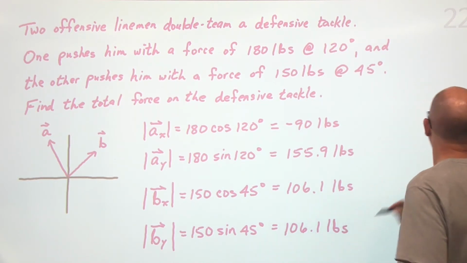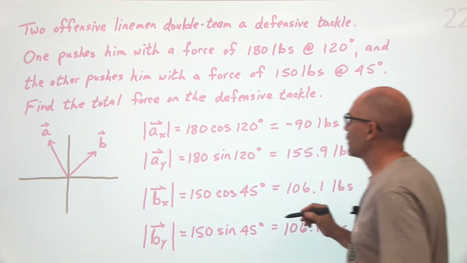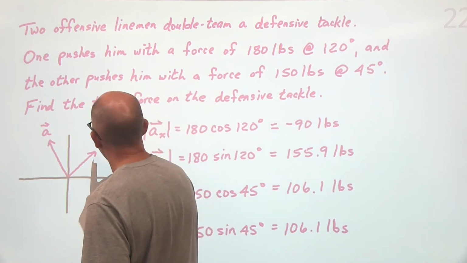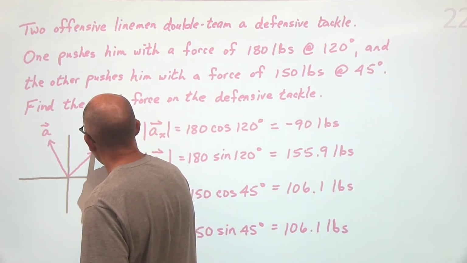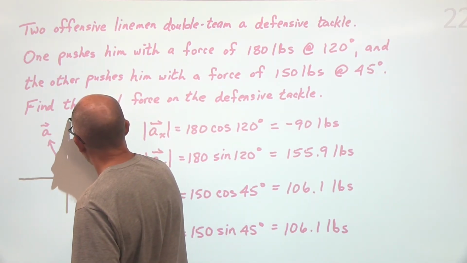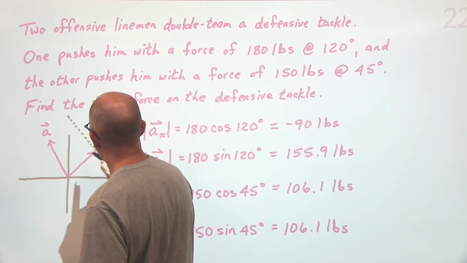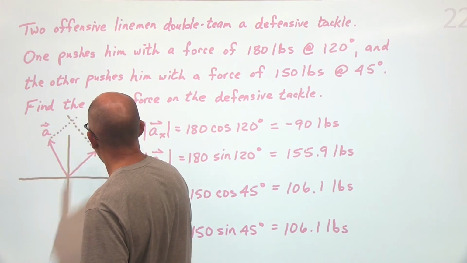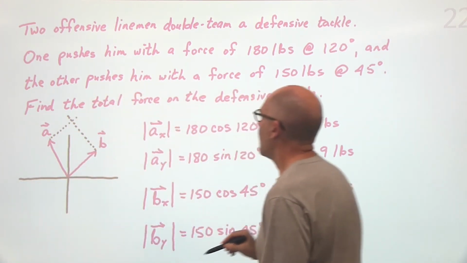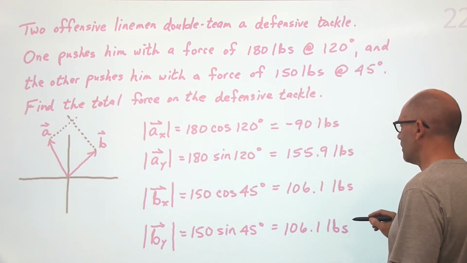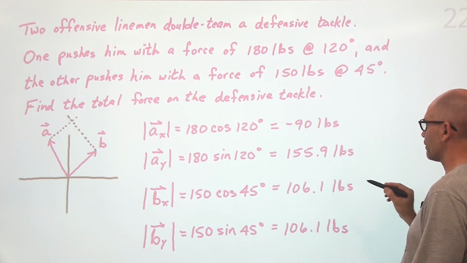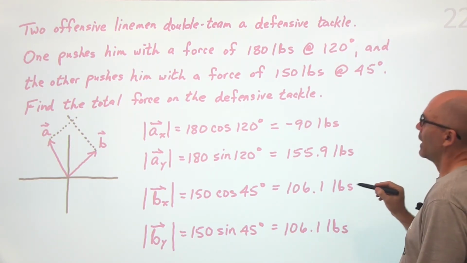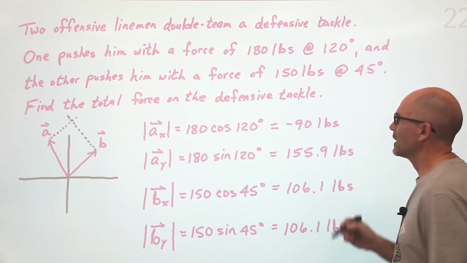Now remember, we could do the parallelogram method. I'm going to start from B and make a side parallel to A, and then I make a side parallel to B. So my net force is going to be, well, we're going to see that in the next slide.